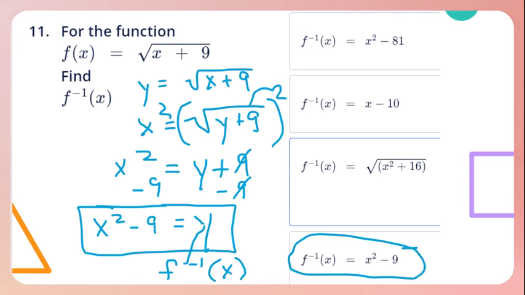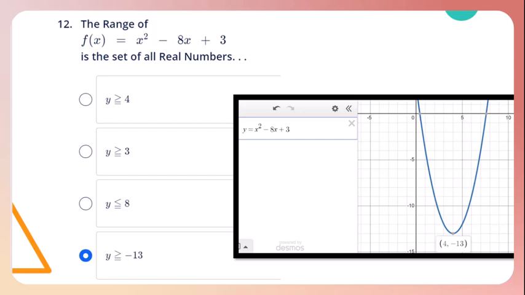All right, next question. Question number 12. We want to know the range of this function. So I could go through this algebraically and factor this, and then I could find the vertex. That's a lot of steps. Because you have your calculator, you can graph it and you can find the vertex. I can visually see that.